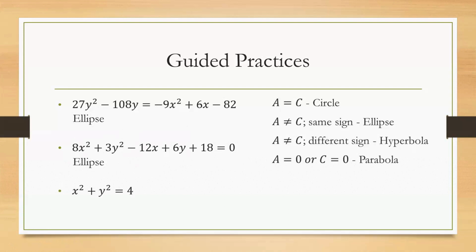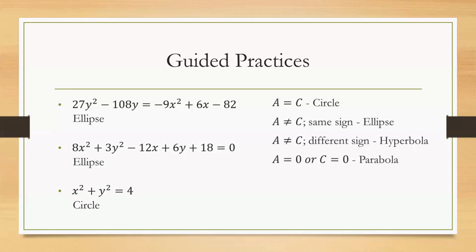Last, x squared plus y squared is equal to 4. This equation is a circle. Why?